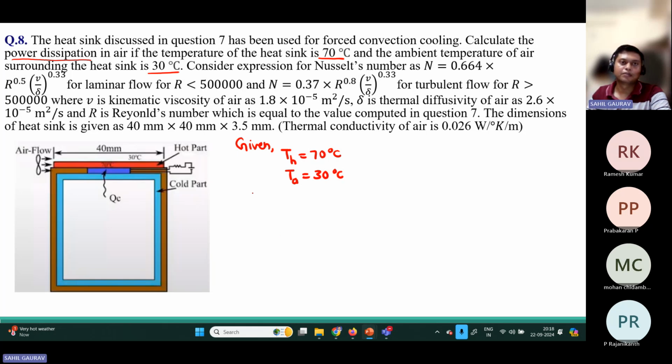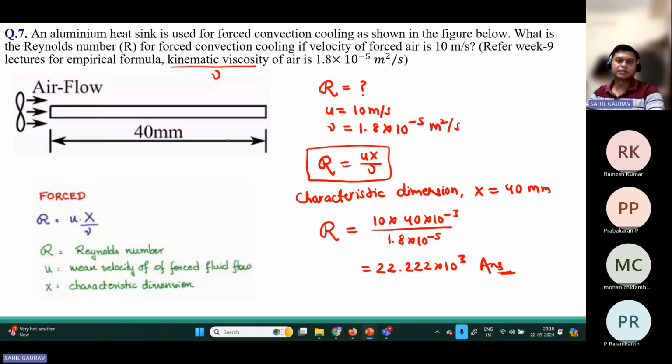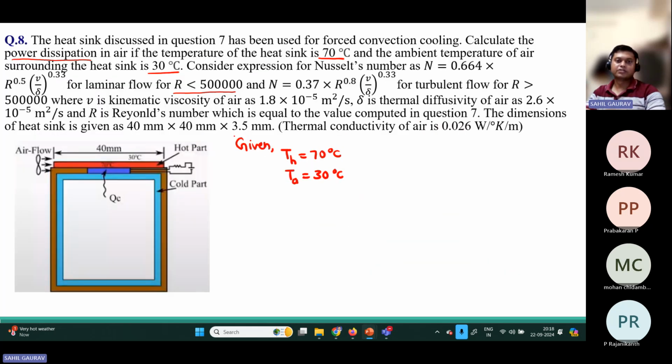And the Reynolds number is given. Sorry, I was saying Rayleigh number, but this is Reynolds number. So we have got the Reynolds number from the previous expression, and it is less than 5 lakh.